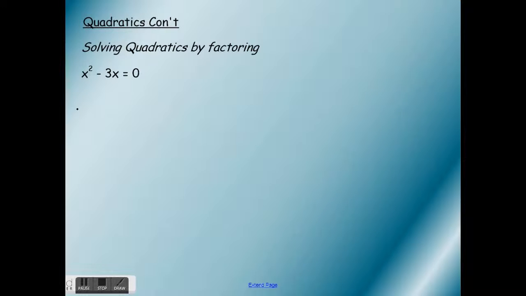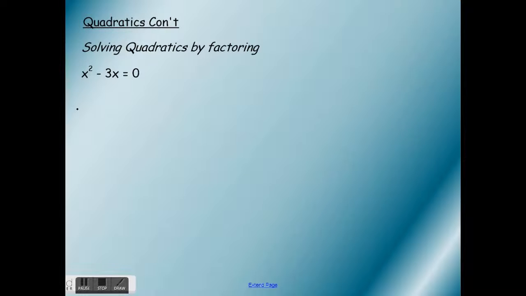Solving quadratic equations by factoring. With all that we've done up to this point, we've learned how to expand, and we've learned how to factor. Now we're going to use that to help us find a solution to our quadratics.